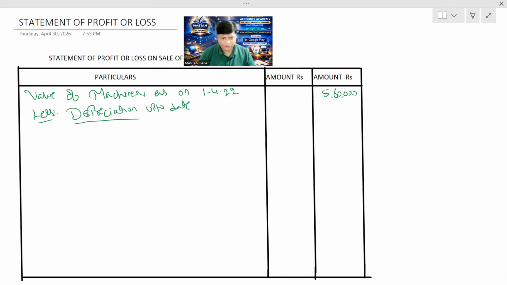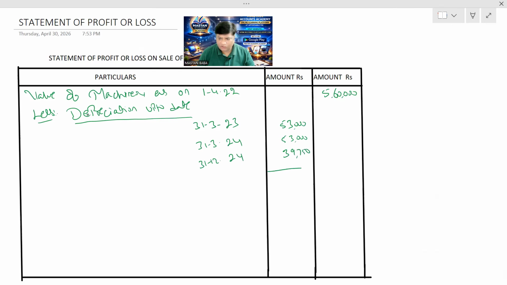సో డిప్రిసియేషన్ ఎలా ఉందని మన లెడ్జర్ అకౌంట్ క్రెడిట్ సైడ్ చూస్తామండి. 31/3/23 full year depreciation, that is 53,000. You can check it. Second year also full year utilized, 31/3/24, that is 53,000. In third year, middle of the year we have sold, that is 31/12/24, 9 months, that comes to 39,750.